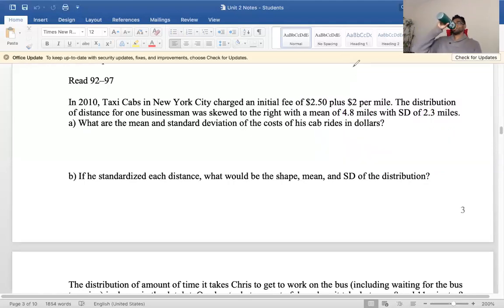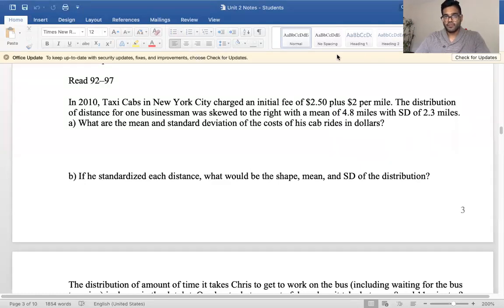Now, if we standardize each distance, what would be the shape, mean, and standard deviation of the distribution? When we talk about standardization, I've talked about it before. It's the idea of putting everything under the bell curve.